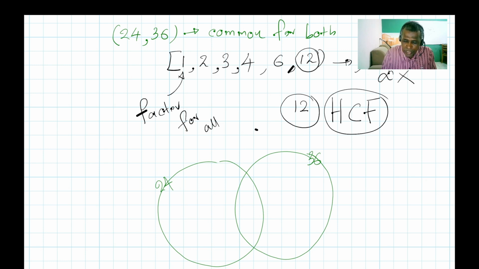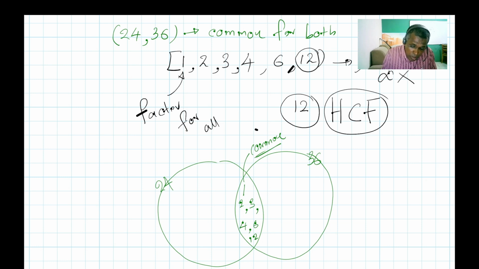So what are the common factors I can find? 1 is there, 2 is there, 3 is there, 4 is there, 6 is there and 12. These are the common factors. This one is common for both. So what are the other factors?